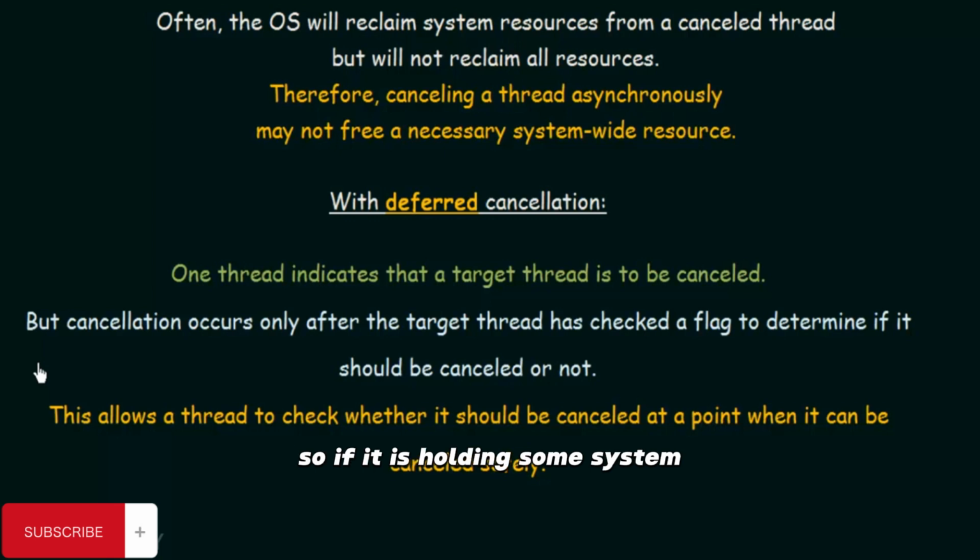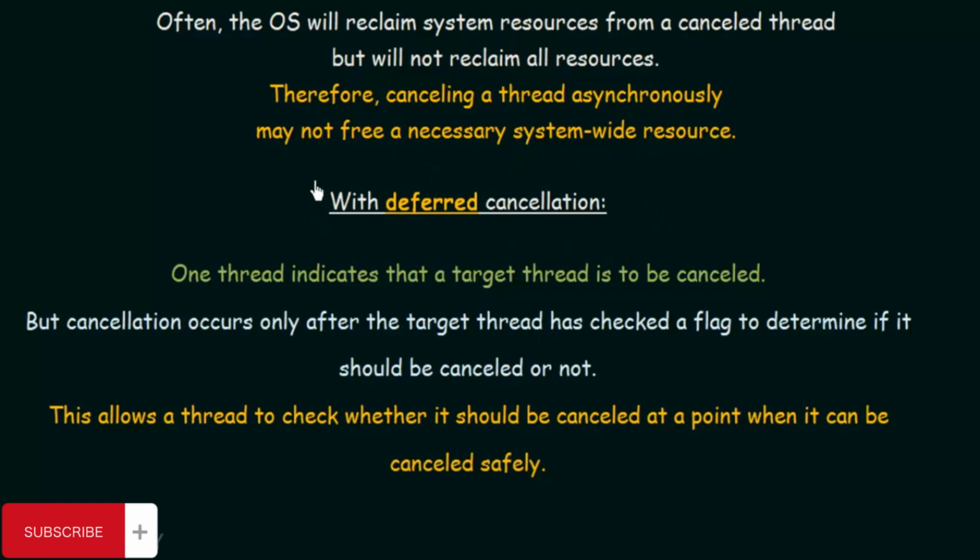So if it is holding some system-wide resource, or if it is in some critical situation where it is not safe to be canceled, then it will not be canceled. The thread has the power to defer the cancellation, so it will only cancel at a point when it can be canceled safely. So that is the better way of thread cancellation that we have, which is deferred cancellation.